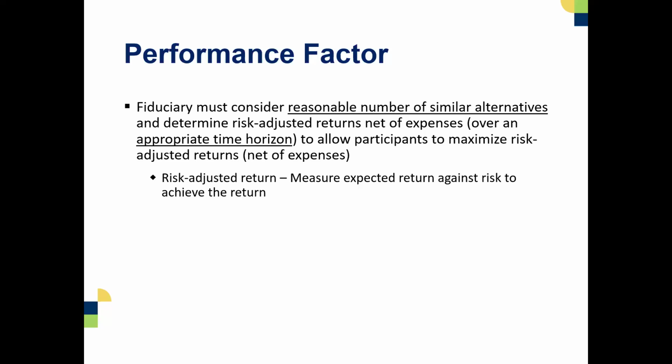So what the Department of Labor rule does is take a look at these factors and then give examples of how fiduciaries can satisfy this performance factor. And so what the fiduciary needs to do is take a look at each of these factors and satisfy the duty of prudence with respect to each of the relevant factors.